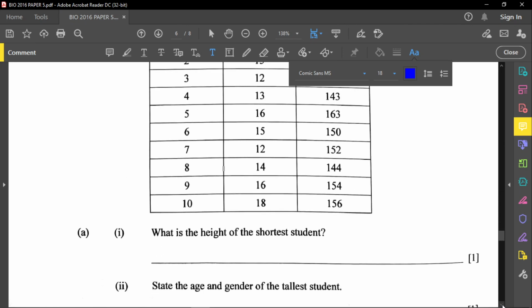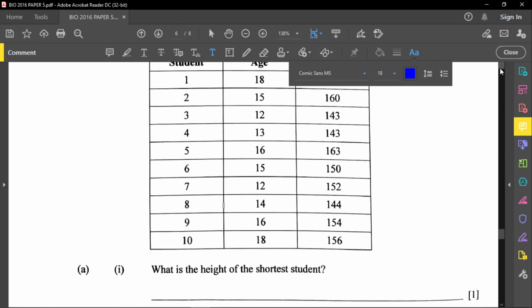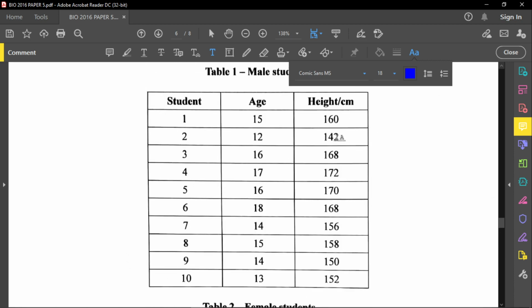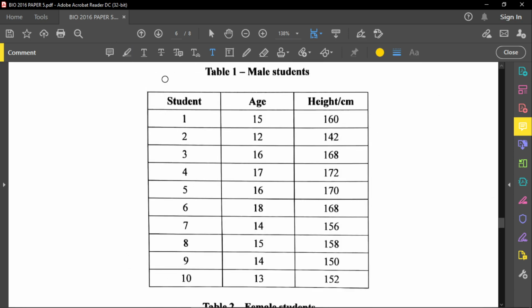Now for part A, it asks what is the height of the shortest student? Looking through the numbers, the lowest number is on the male, which is 142. So let's highlight that.